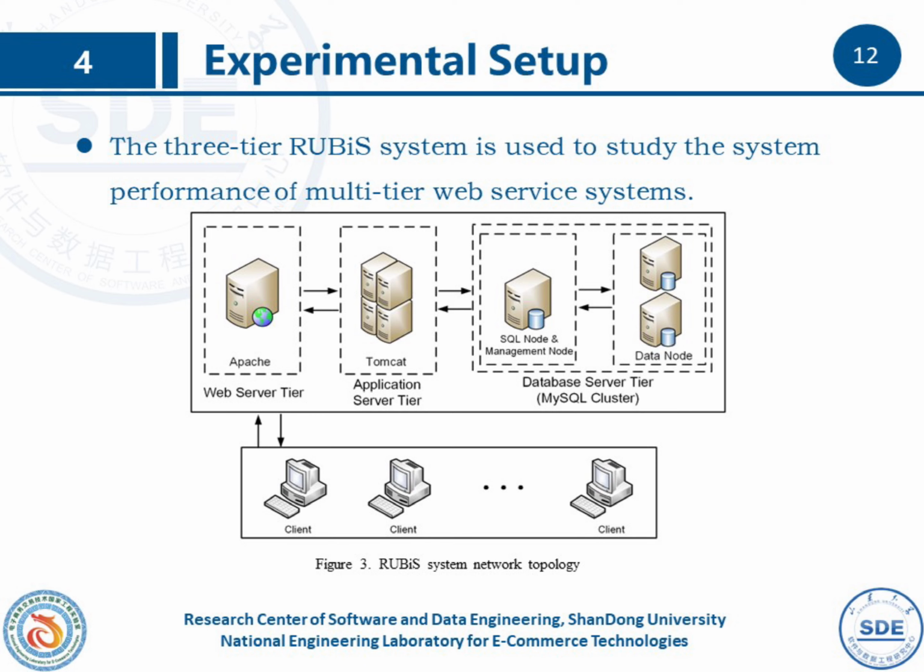The system is implemented as 3 tiers, which are the web server tier, application server tier, and database server tier, respectively. In each tier, the software resource we select can be used to configure the number of threads or processes of the server.